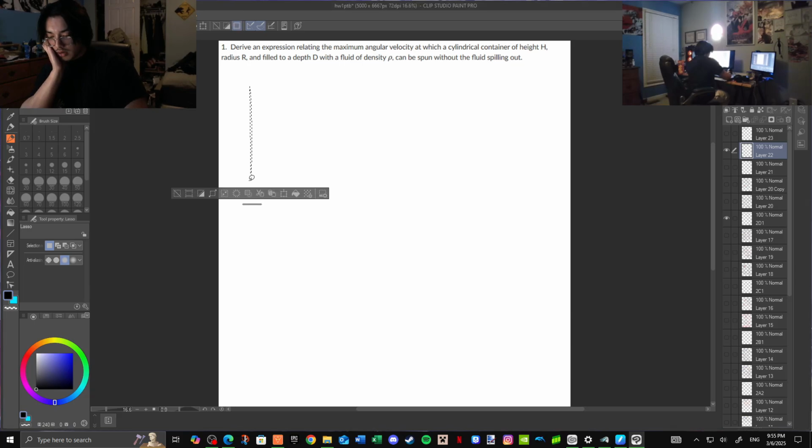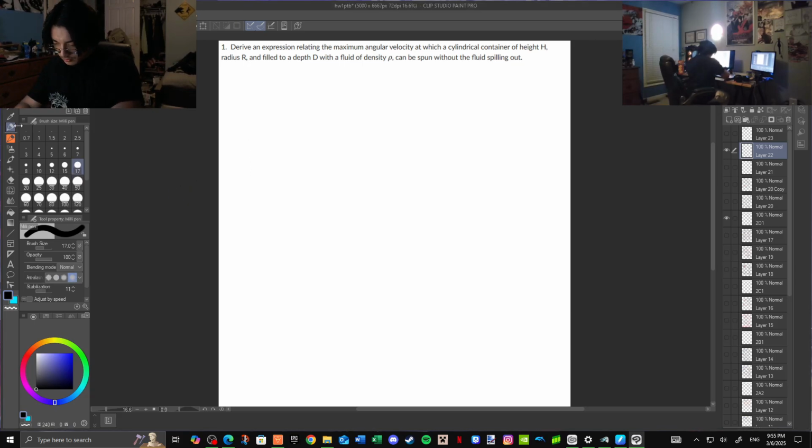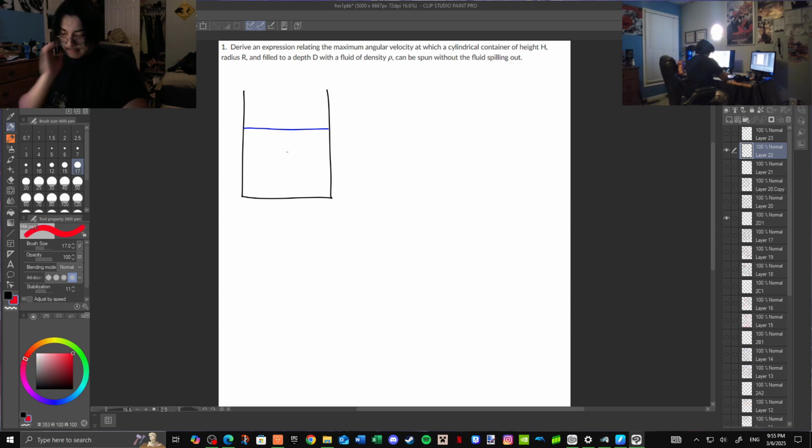So this problem right here, we have a container with a fluid inside, right? And this container will be spinning with an angular velocity omega, and as it spins, it will create this concave shape.